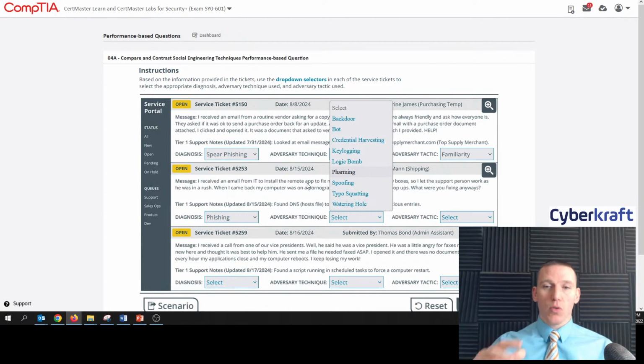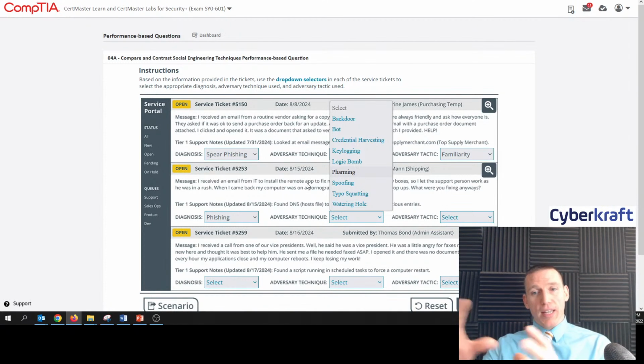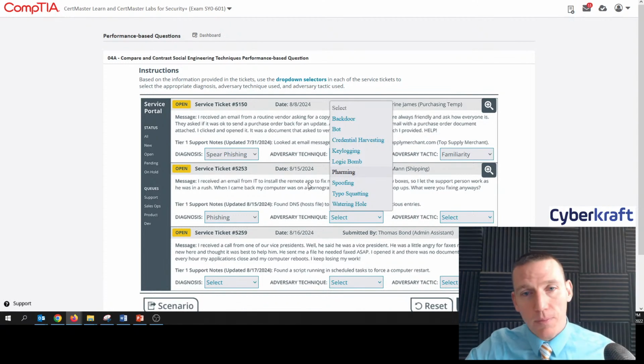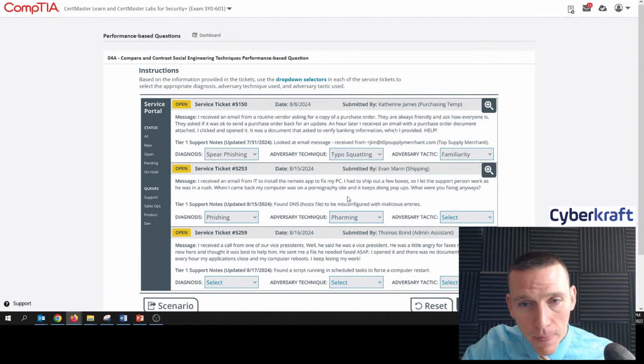Watering hole was whenever you put malware or some sort of malicious link on a website that your targets tend to frequent. So maybe you're trying to target financial companies. You might target like the Wall Street Journal's website or the Economist magazine page and put malware there, knowing that the people you want to target go to that website for news or information. So we're going to say farming here.